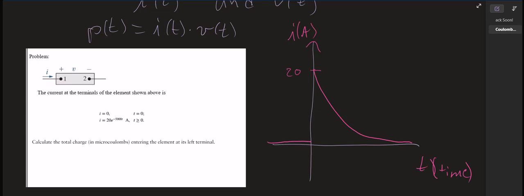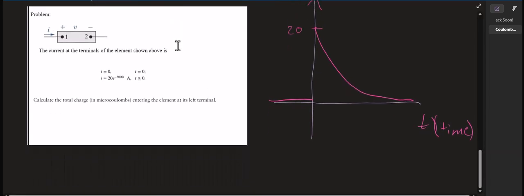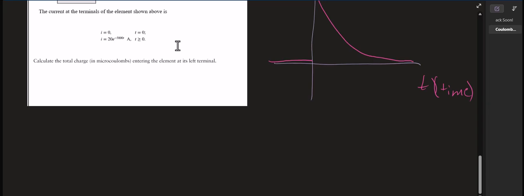So it says calculate the total charge in microcoulombs entering the element at its left terminal. So our total charge would be the integral from 0 to infinity of I of t dt.